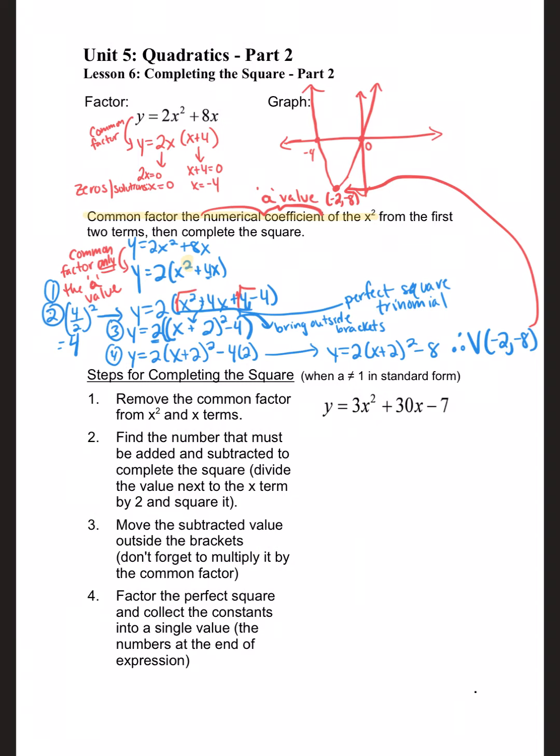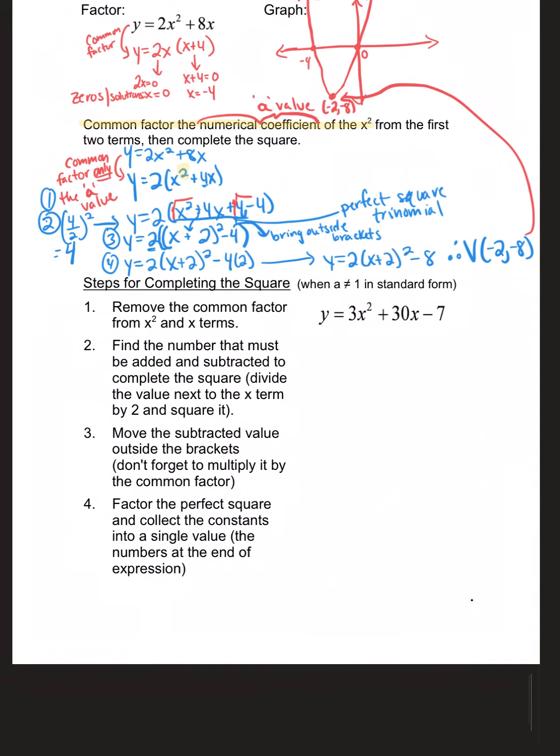So let's walk through the steps for how we complete the square when we have an a value that's something other than 1. Step 1, we're going to remove the common factor from the x squared and x terms. Just remember, number only, right? We don't pull out any variables.